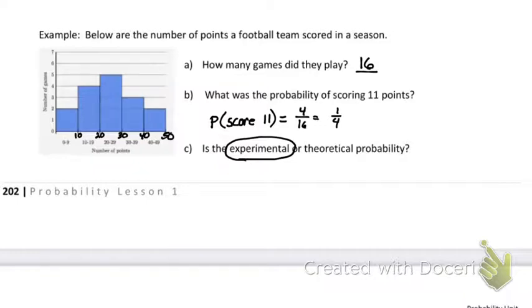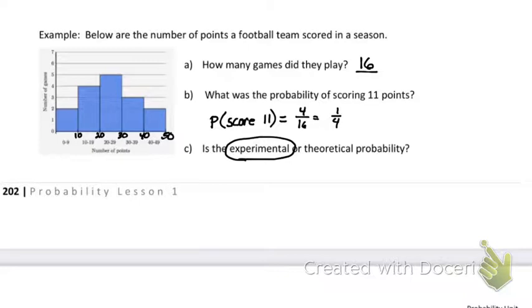So this is definitely experimental. It'd be theoretical if I went down and ranked every single player, came up with their pros and cons, and then kind of like the bookies do in Las Vegas. They weigh everything. That would be their theoretical probability. If I just look at 16 games and I take their points, that's experimental. And the thing about experimental is if they play another game, won't that change this data?